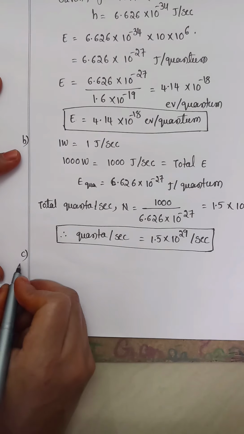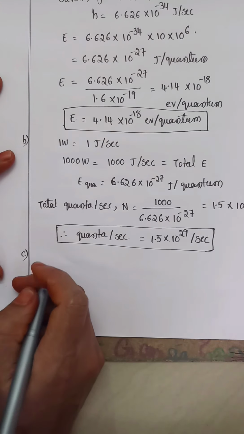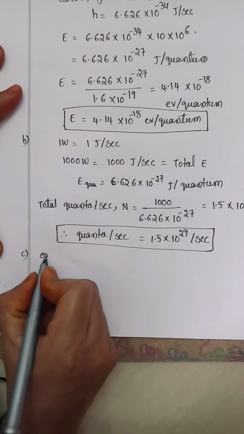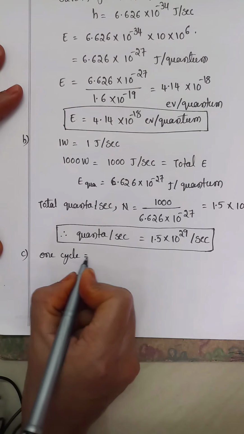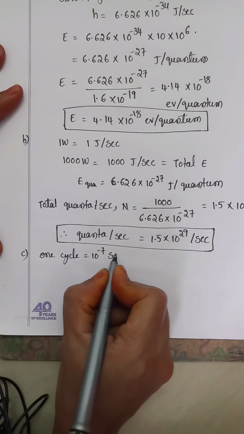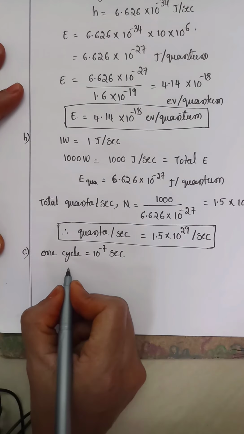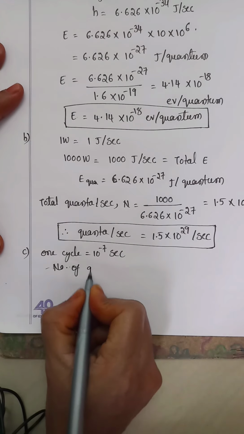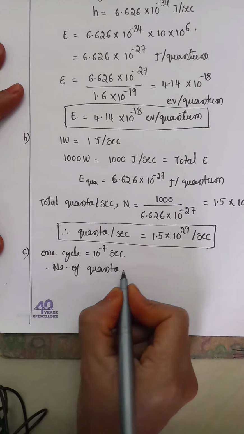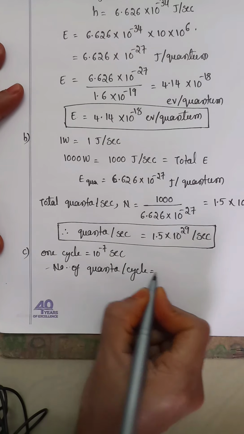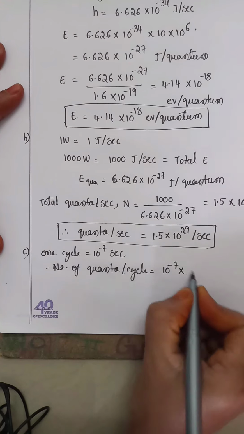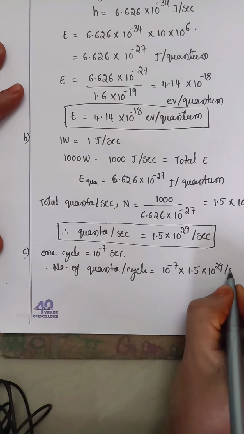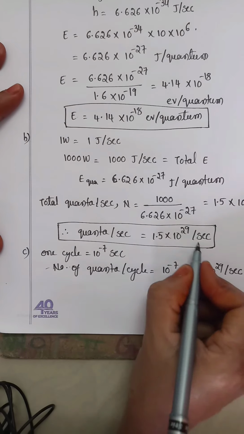Coming to the third bit, how many quanta are emitted in each period of oscillation of the electromagnetic field? We know that one cycle is equal to 10 to the power of minus 7 seconds. So the number of quanta emitted per cycle is equal to 10 to the power of minus 7 into 1.5 into 10 to the power of 29 per second, according to the previous one.